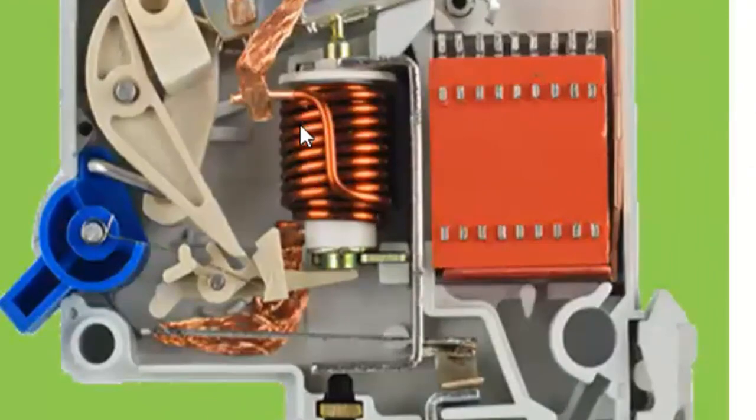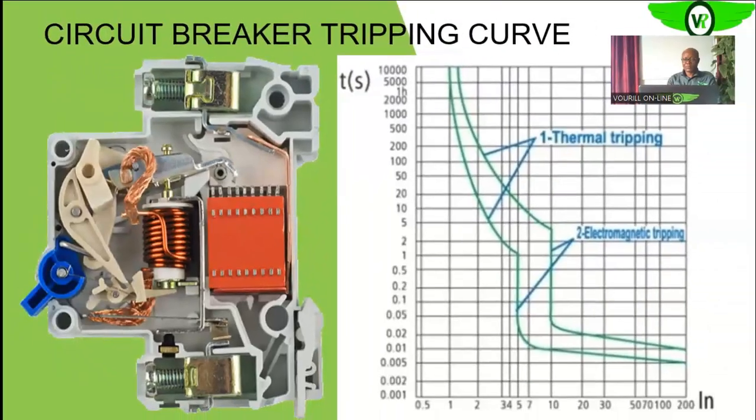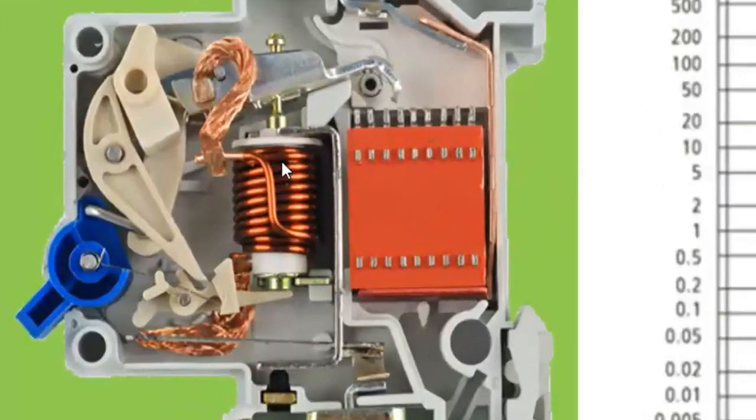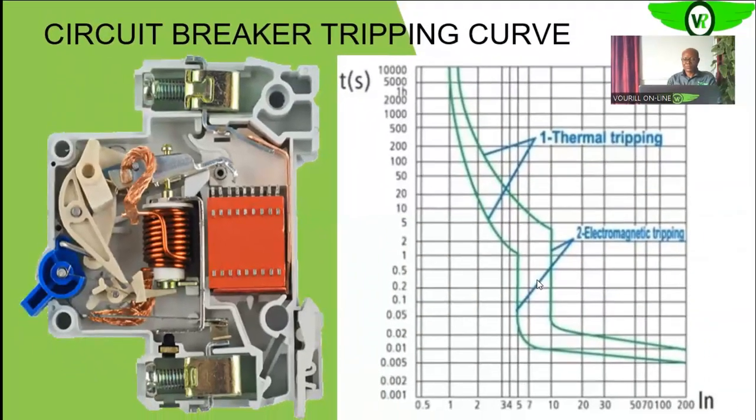So when there is a fault current that is up to, say, 5 times, as in this case now, 5 times or above 5 times the rated current of the circuit breaker, you see that the magnetic strength built up around this coil will be strong enough to pull the plunger, and that will cause the circuit breaker to trip instantaneously.